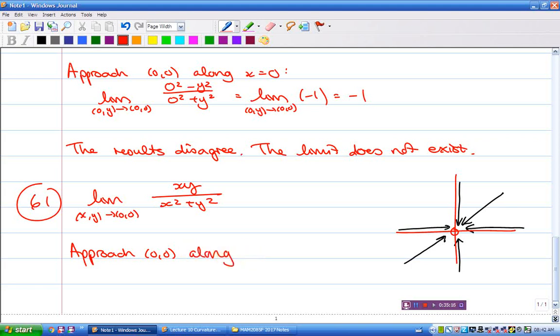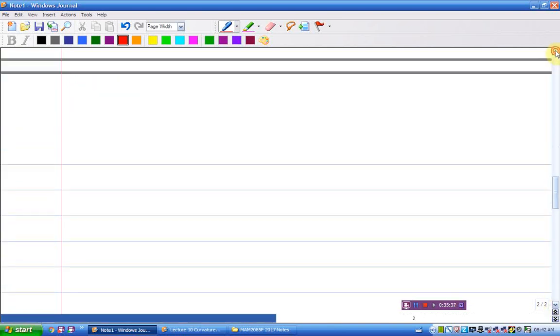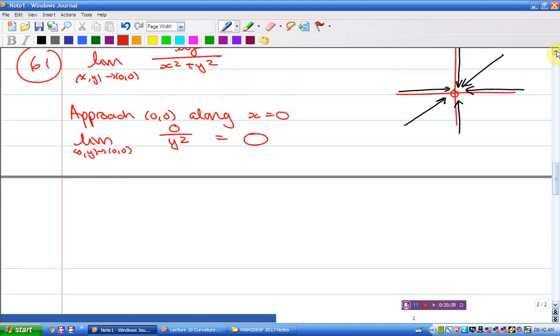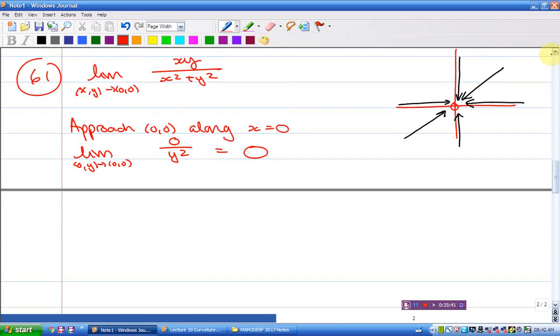Okay, along x equals 0, that's the y-axis. It's going to be the limit as (x, y) approaches (0, 0). So x is equal to 0, y is approaching 0. So it's going to be 0 over y squared. Because if I set x equal to 0, I'm setting my numerator to 0.